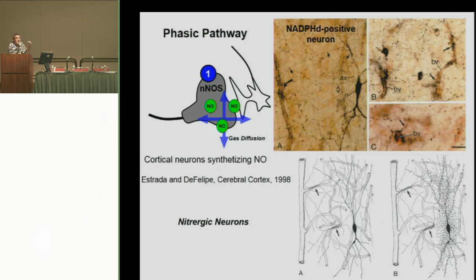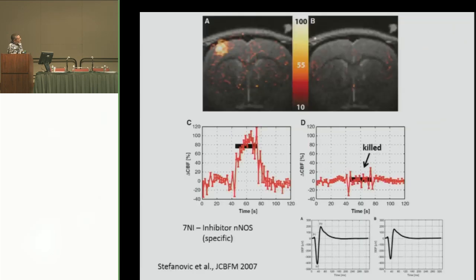So whenever an action potential comes, there is a release of nitric oxide. There is a very nice validation by Afonso Silva, in which he blocked the response with an antagonist and was able to kill the whole BOLD signal response.